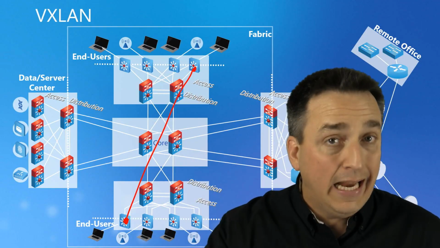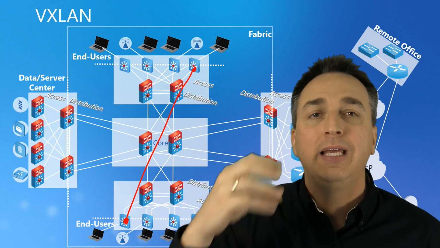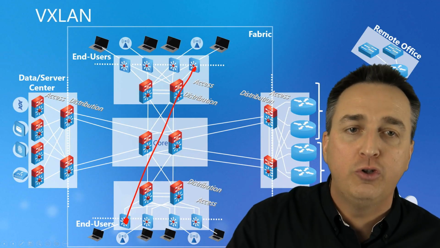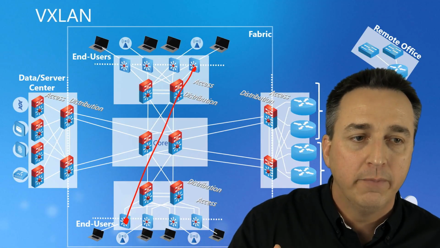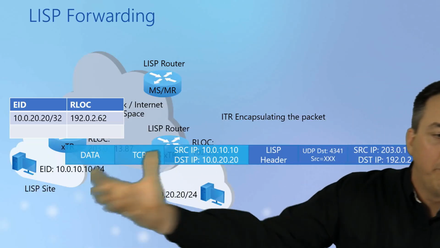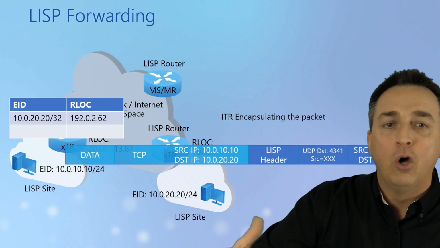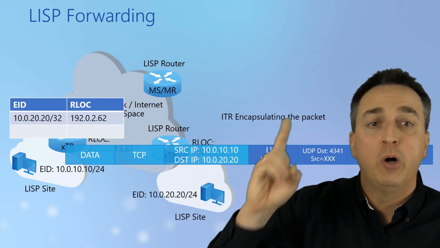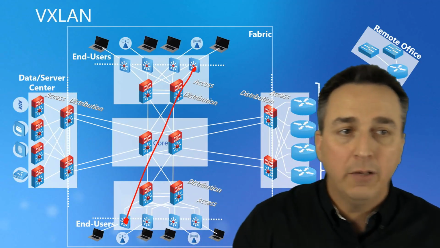LISP is also data plane, meaning that it can do the encapsulation. And I showed you the encapsulation when we went through our example. So it can do both control plane and data plane.